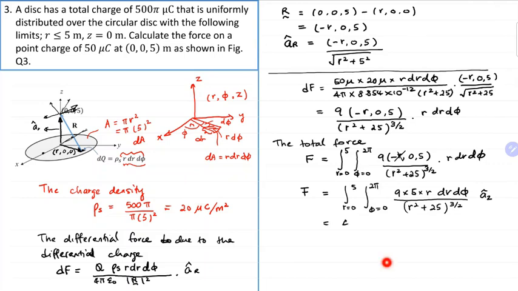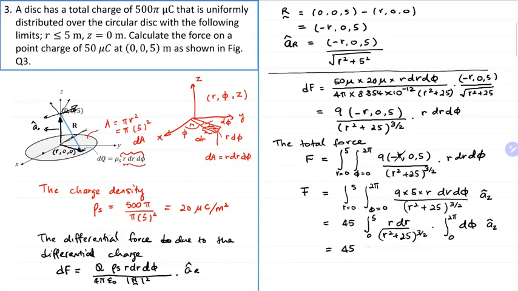So this equals 45 times the integral from 0 to 5 of r dr over (r squared plus 25) to the power of 3 over 2, and then the integral from 0 to 2 pi of d phi, and our unit vector z. So 45 times the integral of r over (r squared plus 25) to the 3 over 2.